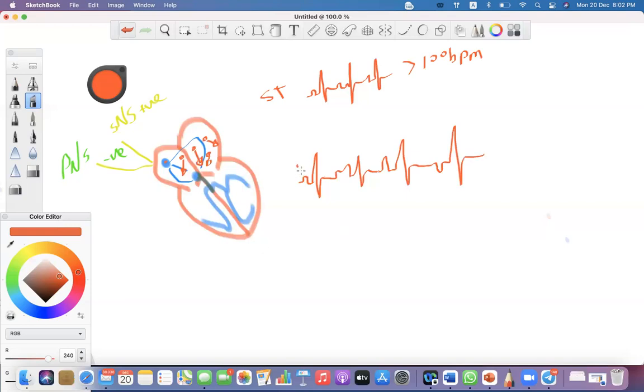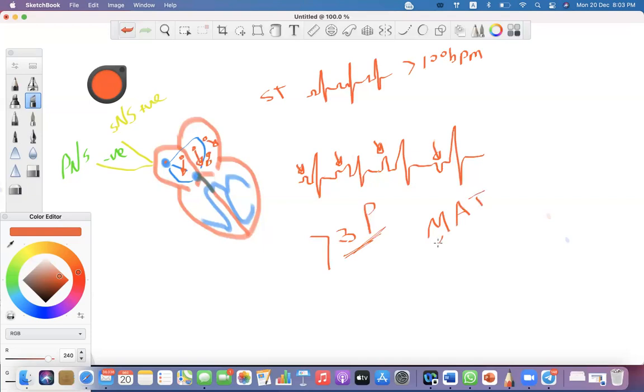So you will see multiple different shapes of P wave. This is one shape, this is another shape, this is another, and this is another. So if you see three or more shapes of P wave, this means that there are multiple primary foci in the atria, and this tachycardia is called MAT, multifocal atrial tachycardia.